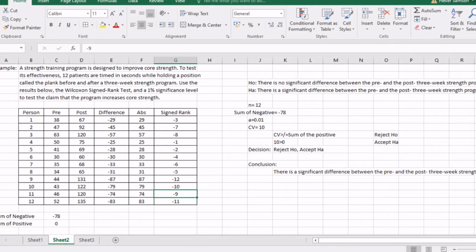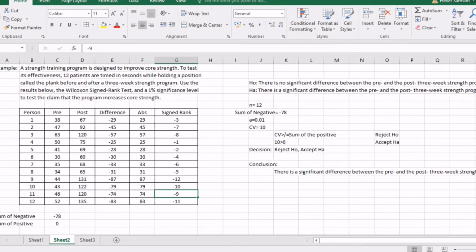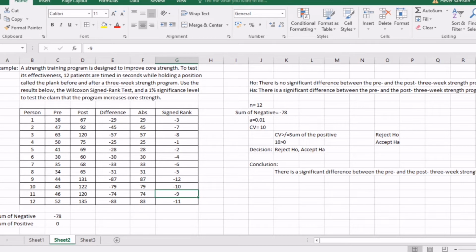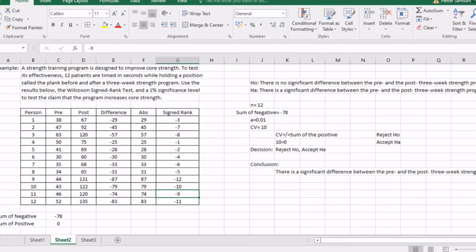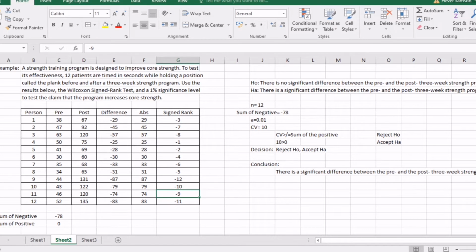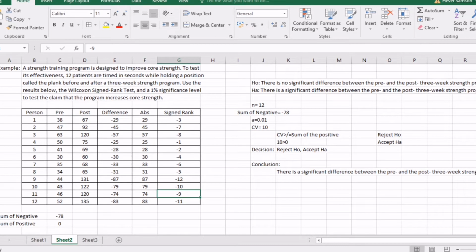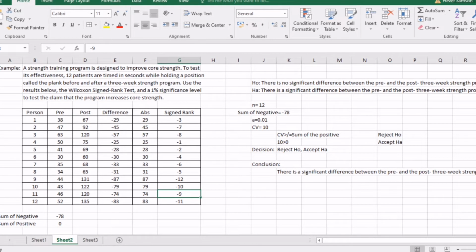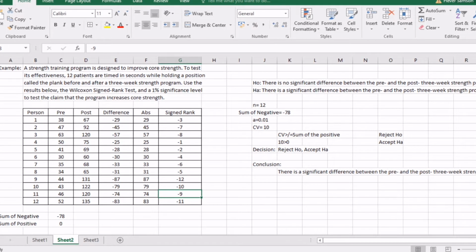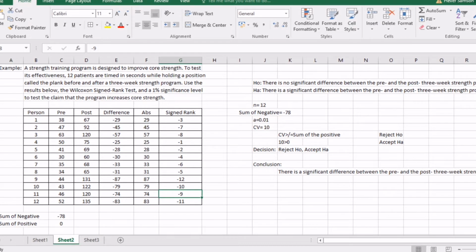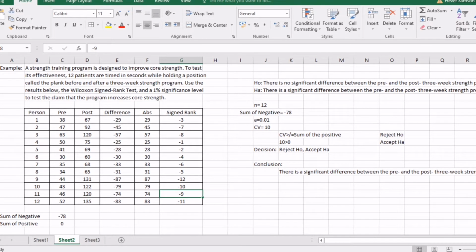For the null hypothesis, there is no significant difference between the pre and the post 3-week strength program.